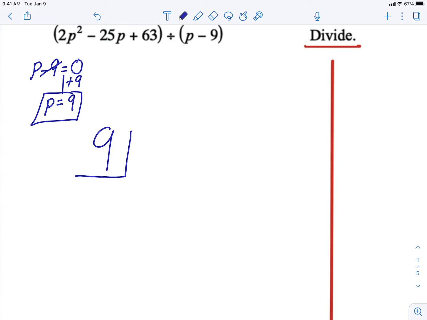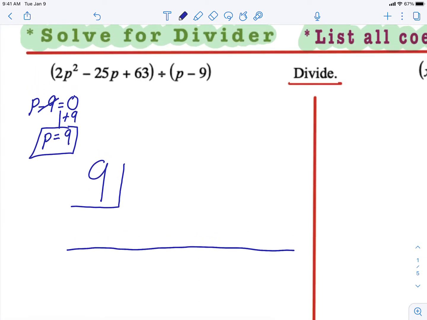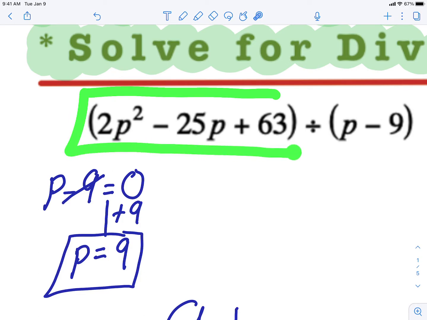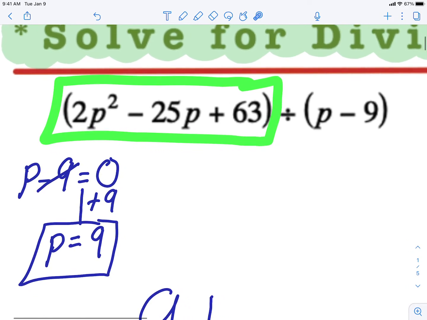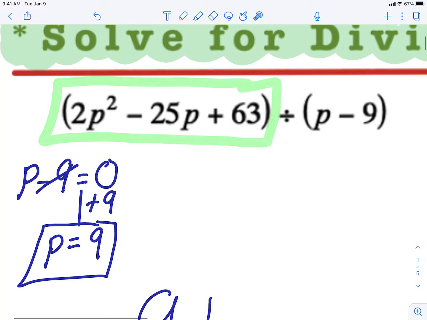Then I'm going to draw a line just like this. I worked on this parentheses here. Now I'm going to work on this parentheses right here: 2p squared minus 25p plus 63.